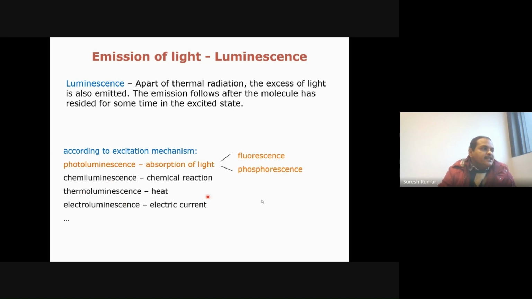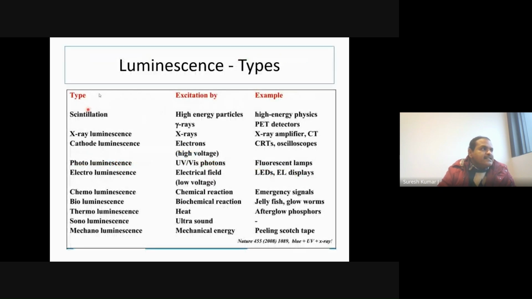My interest here is in photoluminescence, which is broadly divided again into fluorescence and phosphorescence. As I have told you, luminescence is divided into many kinds, where scintillation, X-ray luminescence, cathodoluminescence, photoluminescence, and electroluminescence are different types based on the excitation mechanisms, and these are used in different technologies.